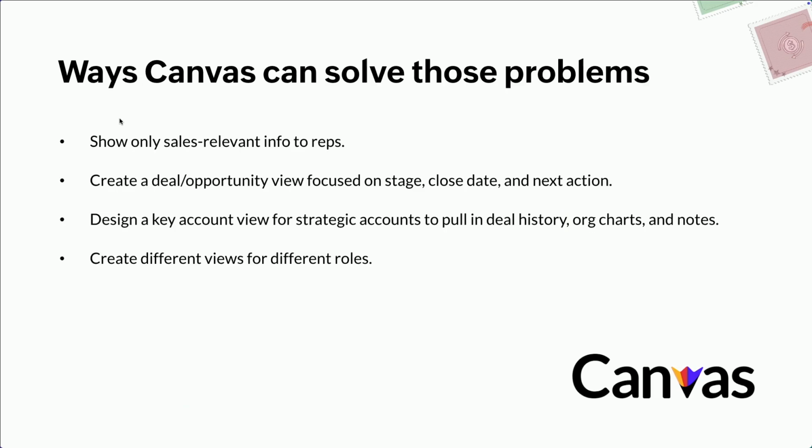So ways Canvas can solve those problems, I kind of talked about these already, but showing only sales relevant data, or for me, pre-sales relevant data, or marketing data, creating a deal opportunity view that really helps you close the deal, right? Not just data fields, but actual processes baked into that canvas.